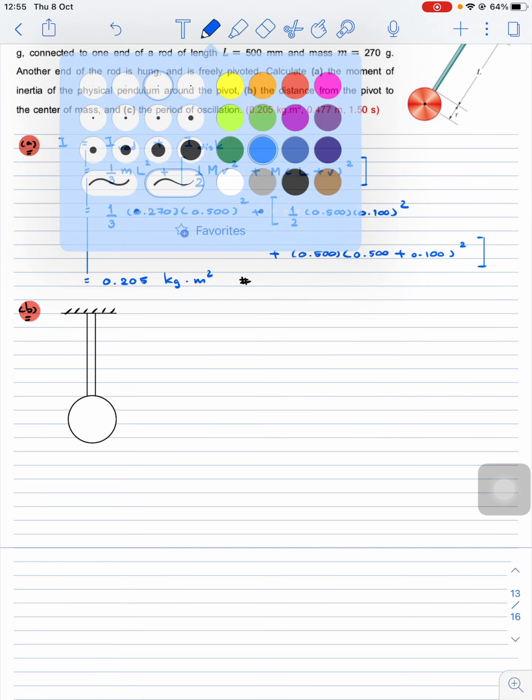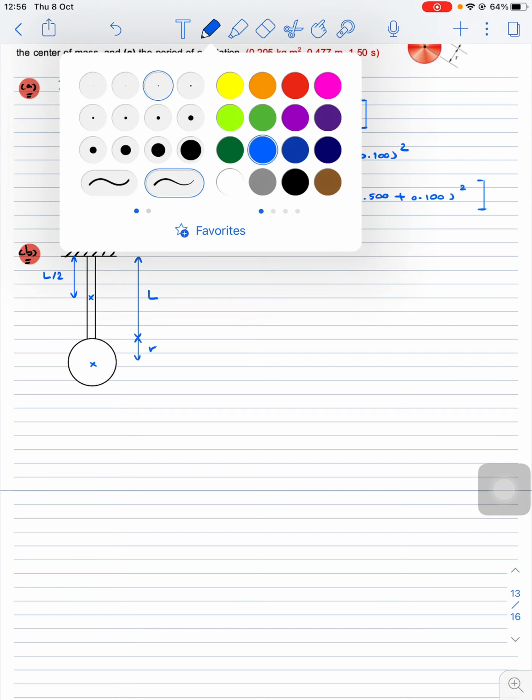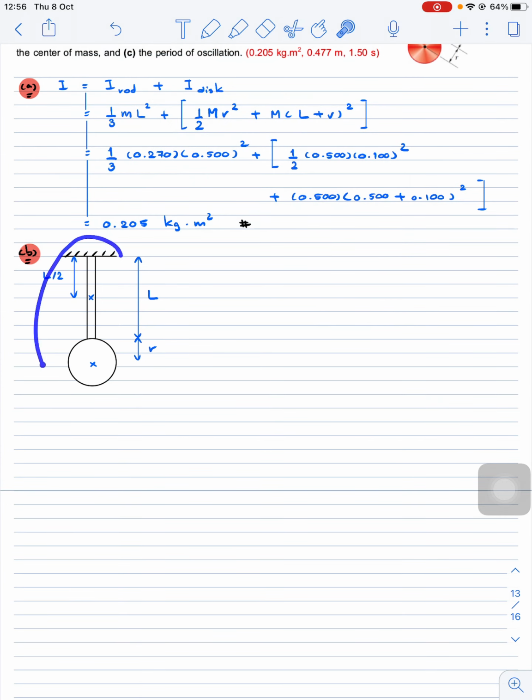So let's take note that we have this distance equal to L, and then we have the radius here equal to R. So let's note that this is the center of mass of the disk, and this position, which is L/2, is the center of mass of the rod. So now we just want to find the center of mass of the whole system here.